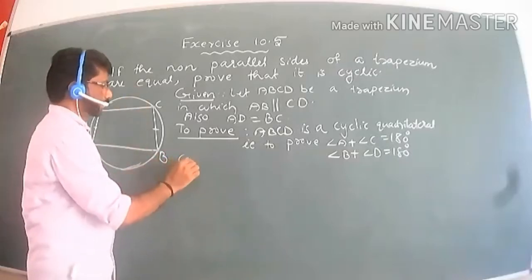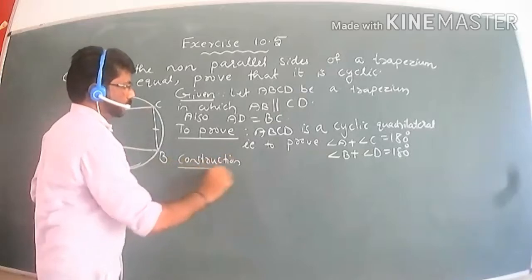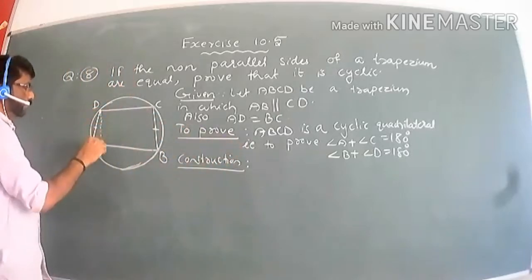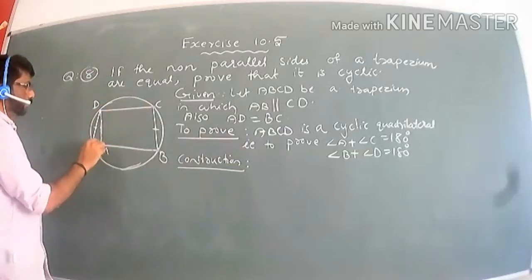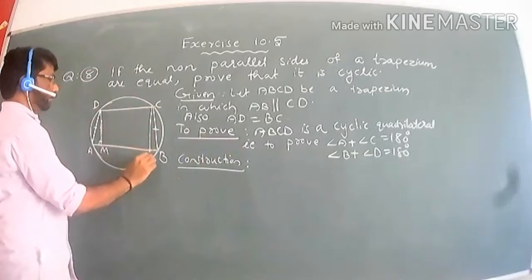So that construction let us write here. Construction. From D we draw a perpendicular. Let us call it M. Similarly from C we draw a perpendicular.